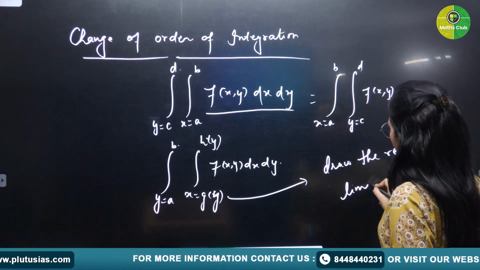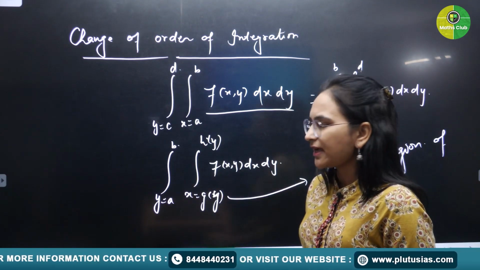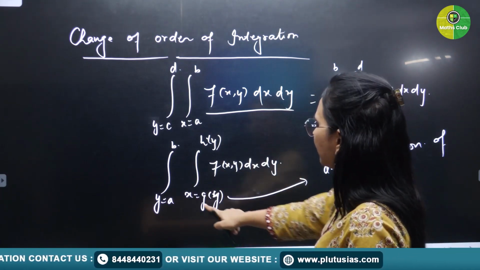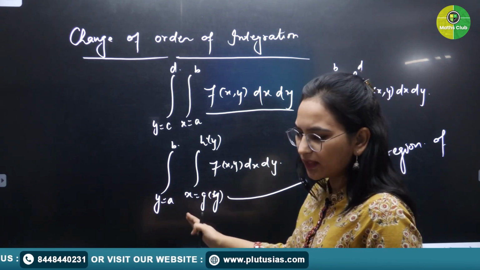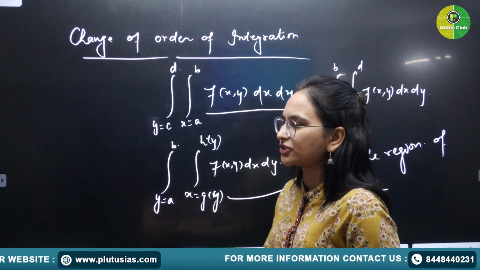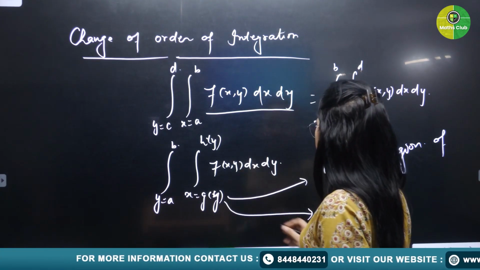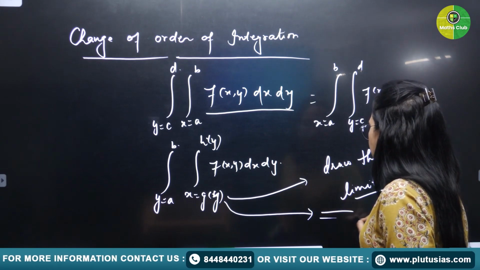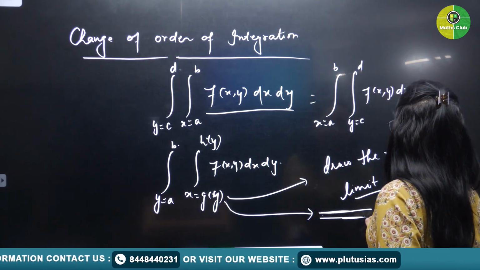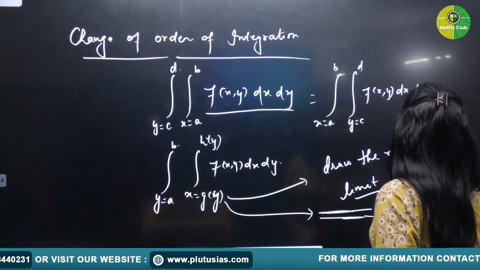That is, whatever limit is given to you, try to draw that region. And always remember, if the limits of x are functions of y, then the region is covered by horizontal strips.